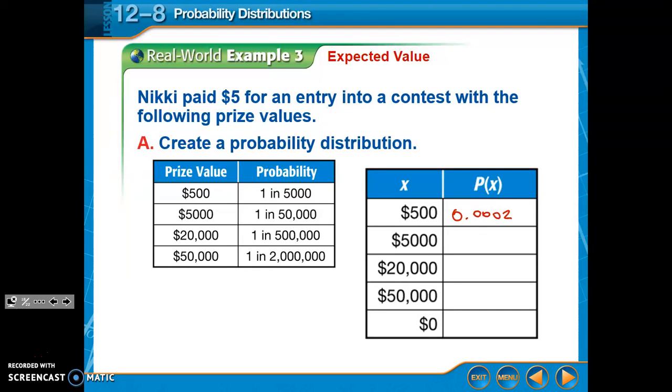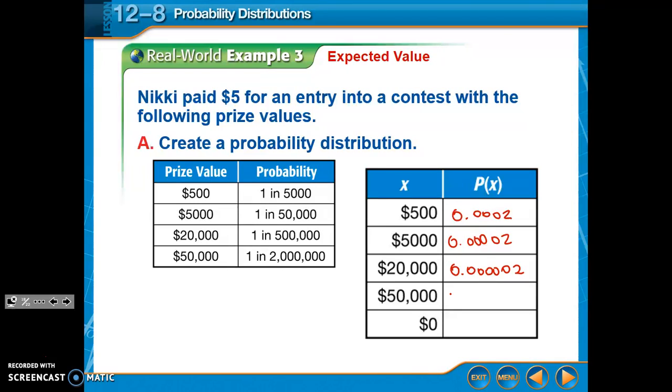Okay, so I'm going to keep doing this. I'm going to do 1 divided by 50,000, and I get 0.00002. And if I were to do 1 in 500,000, it would be 1, 2, 3, 4, 5 zeros, and then a 2.